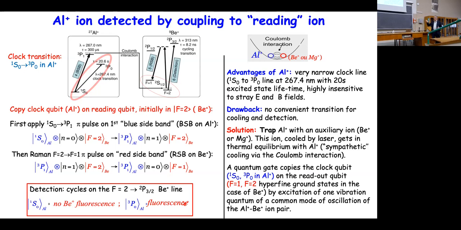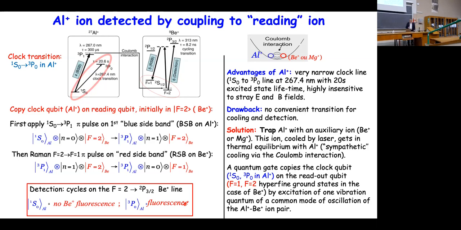And if the aluminum ion has gone to the excited state of the clock transition, the beryllium ion is fluorescing. So you have here a quantum gate which allows you to detect the transition in aluminum via what happens on beryllium, because the two ions talk to each other through the Coulomb interaction, which makes them share the same vibration mode.